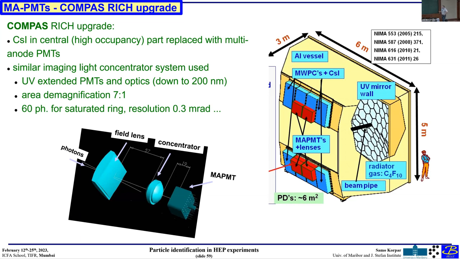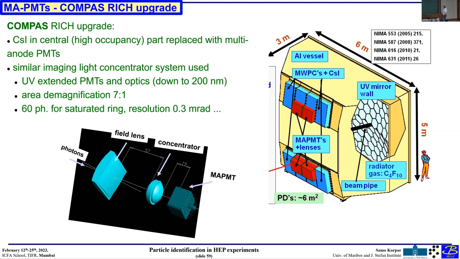So we were happy that we don't have to care so much about the purity of the radiator. But they already have a pure system, so they used quartz lenses to use also the more UV-sensitive multi-anode PMTs, and came up with twice as many photons, but also a little bit more chromatic error than in our case. At the end, the resolution is not so much different in one case and the other.